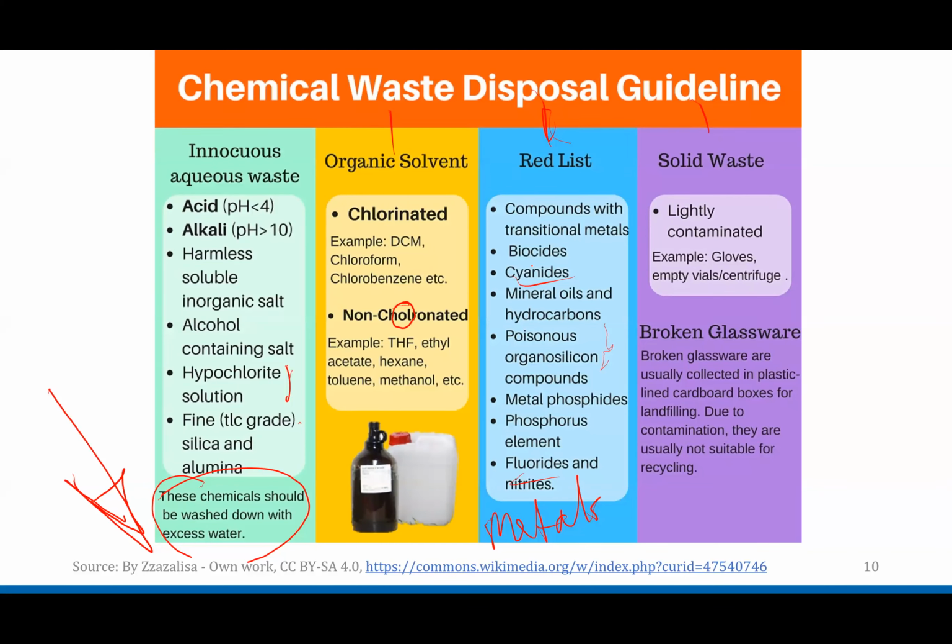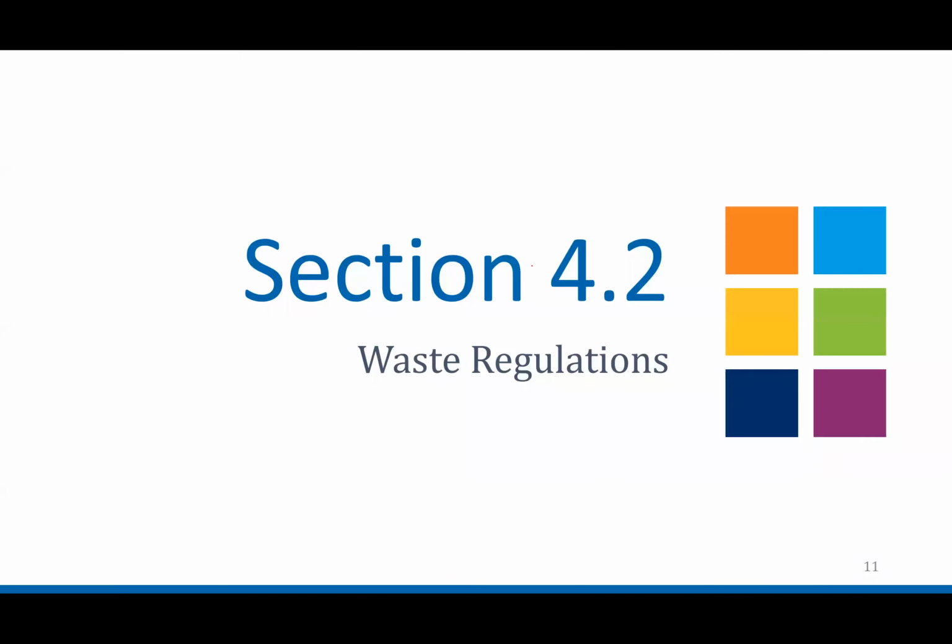So this is just an example, not the example, of a waste disposal guideline. Every company, every industry, our lab at the college, we have guidelines, we follow government regulations, we dispose of things based on a particular guideline, and this is just one of those guidelines, okay?